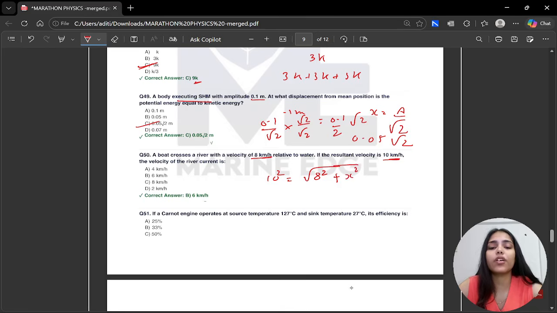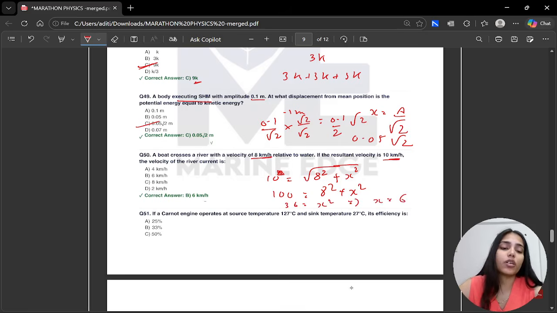So we'll just take 100 is equal to 8 square plus x square. So 36 is equal to x square. So that implies the velocity of the river x is 6 kilometers per hour. That is your option B.